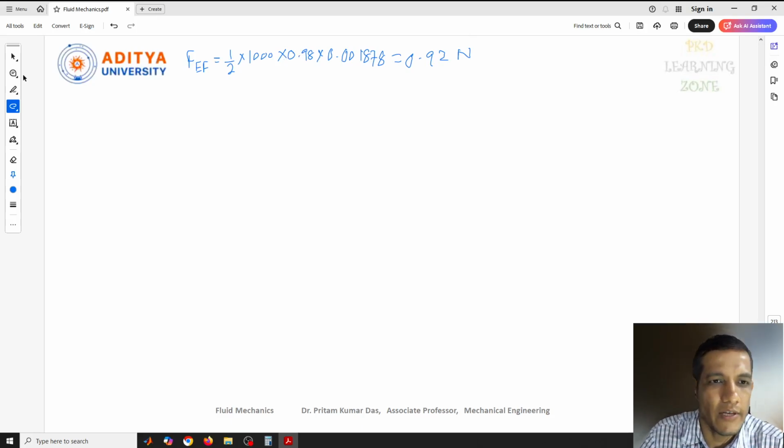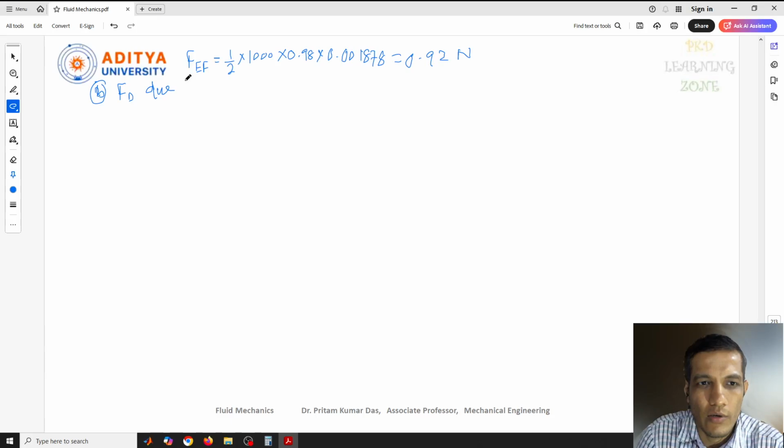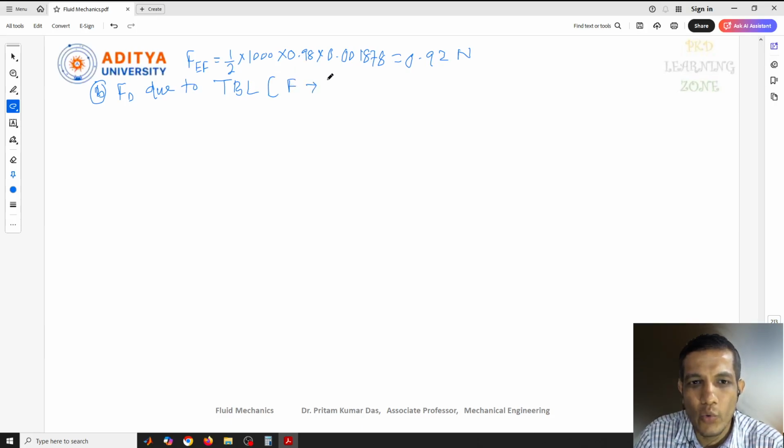Now the second point, or B point, we need to consider here. What is that? The drag force due to the turbulent boundary layer, which is existing from F point to G point. Again two things are there.